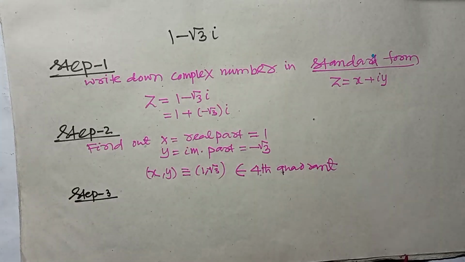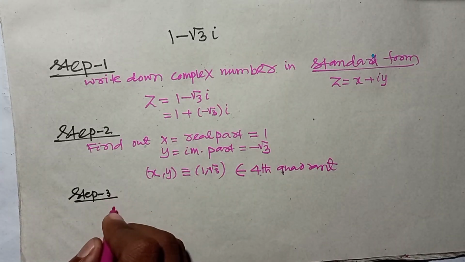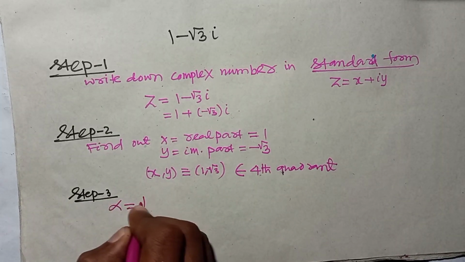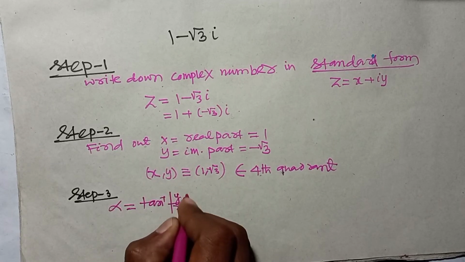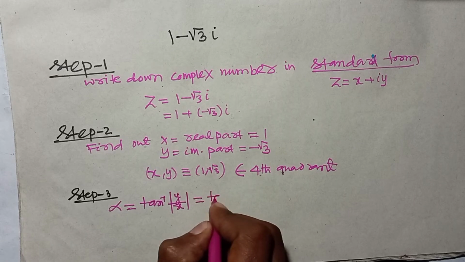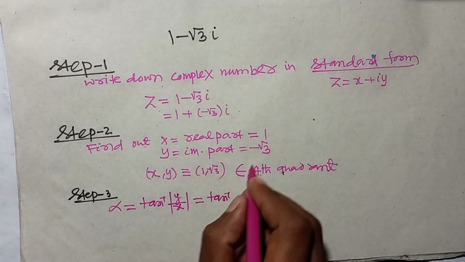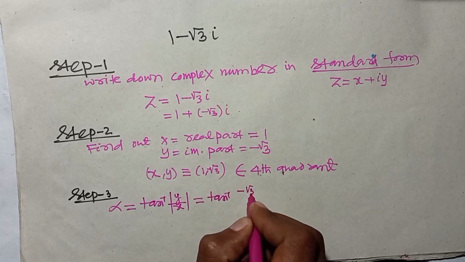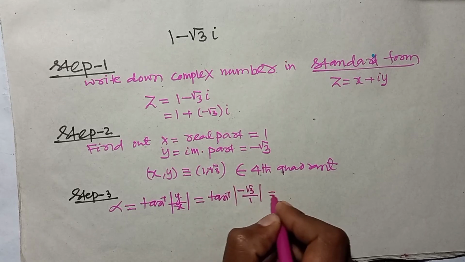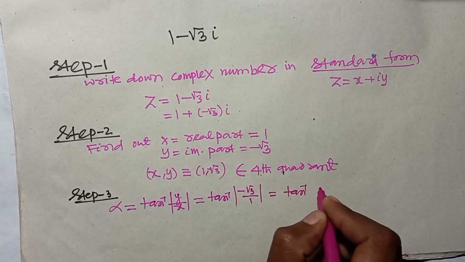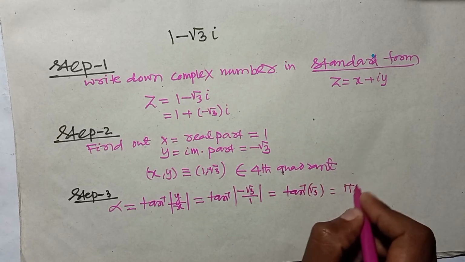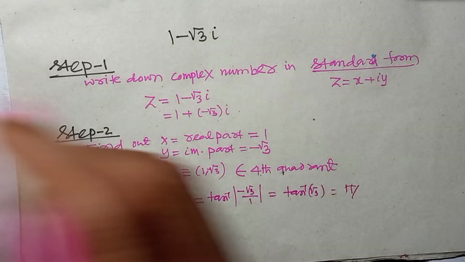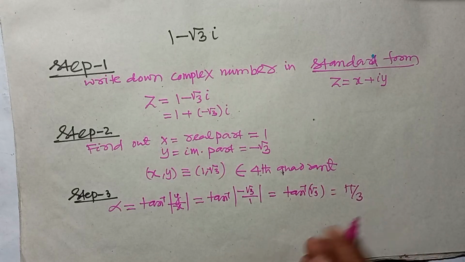In step number 3 we have to find out the value of alpha, which is equal to tan inverse modulus of y upon x, and which is nothing but tan inverse modulus of minus root 3, so it will be tan inverse root 3, which is pi by 3.